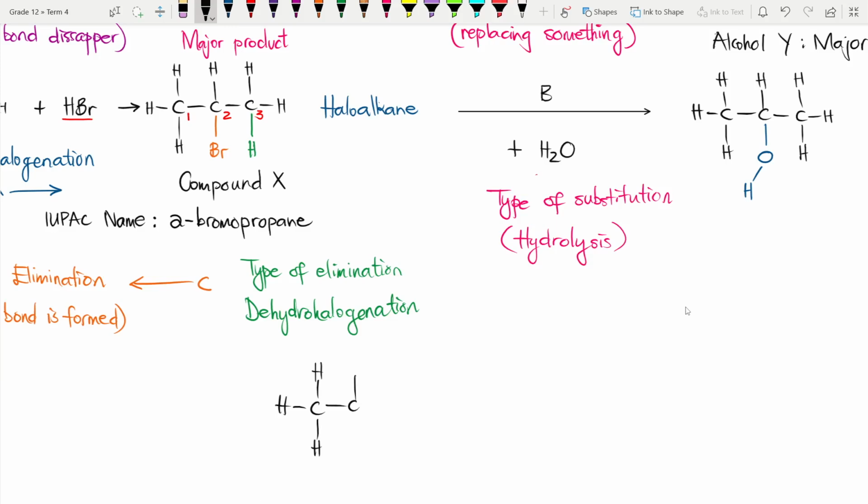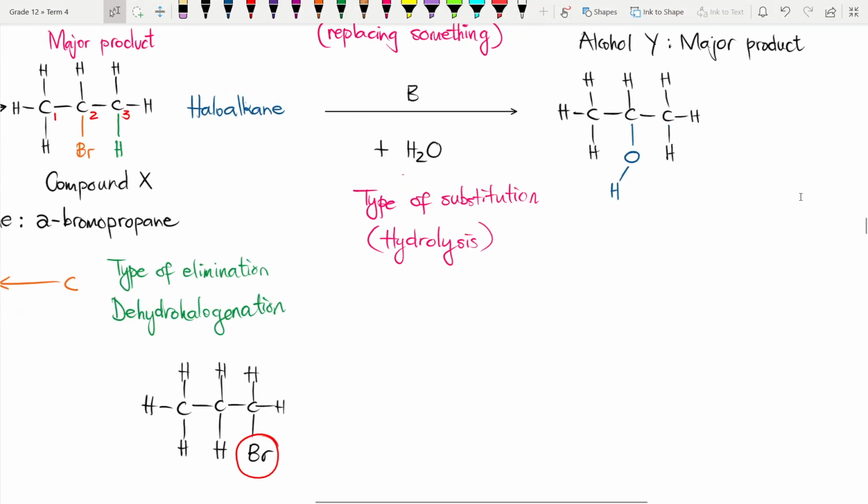We said, according to that rule, Markovnikov, compound X could look like this, Br coming here and the H coming there. So when I add water, the OH part of that water molecule is going to replace that Br from compound X to form a minor alcohol.